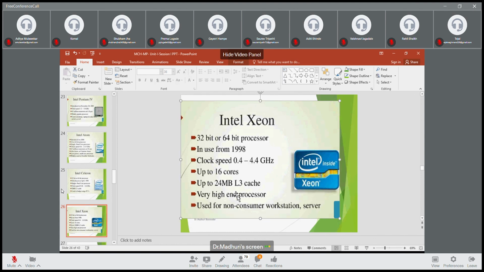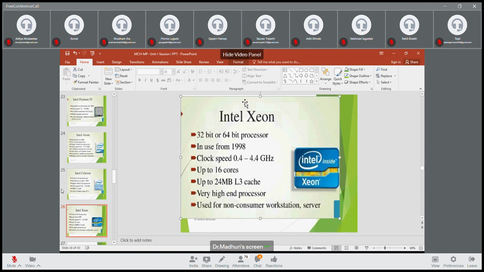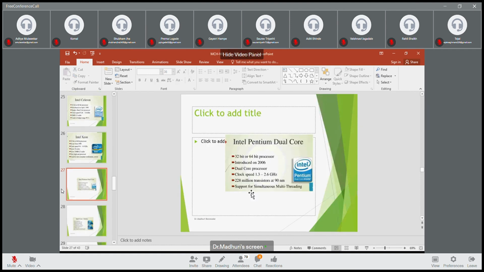They have increased the size of the L3 cache memory to near about 24 MB. It's not a joke guys, 24 MB. This is a high-end processor, used for company organizations, workstations, servers, etc.